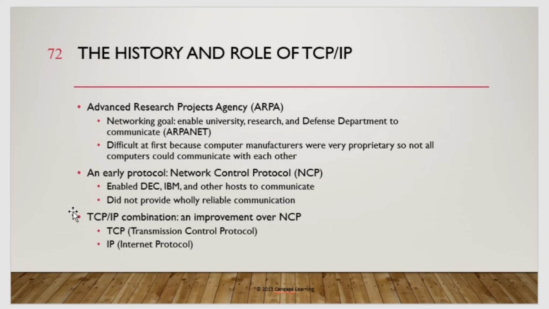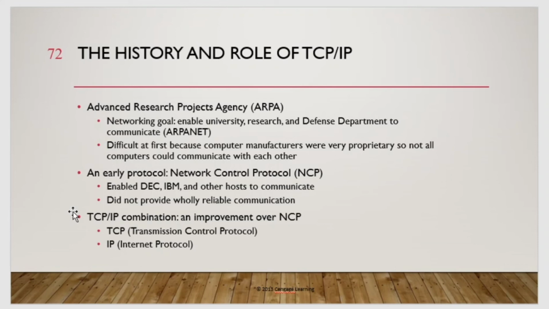So ngayon, after ARPANET, nagkaroon ng early protocol called Network Control Protocol. It enabled DEC, IBM, and other hosts to communicate. So bit by bit nakapag-communicate na yung iba't ibang workstation or nodes. But it did not provide a wholly reliable communication. Kaya naman, nag-invento pa sila or nag-try pa silang mag-upgrade ng another protocol.